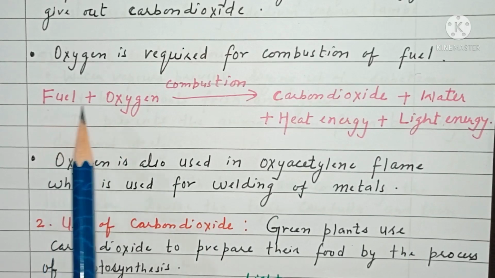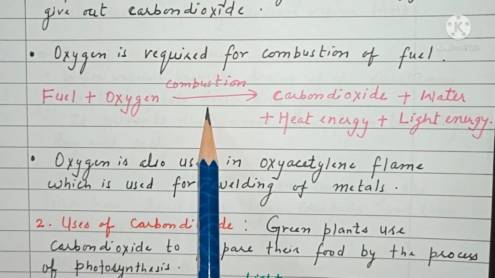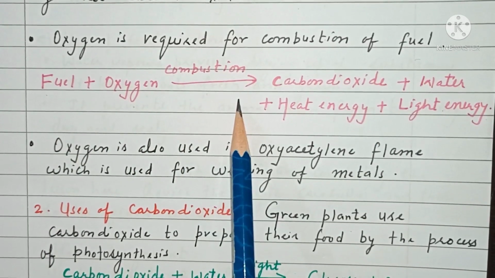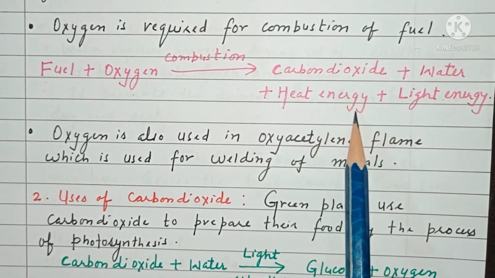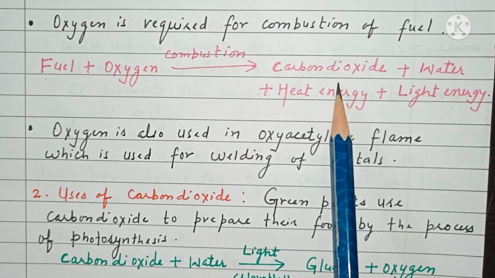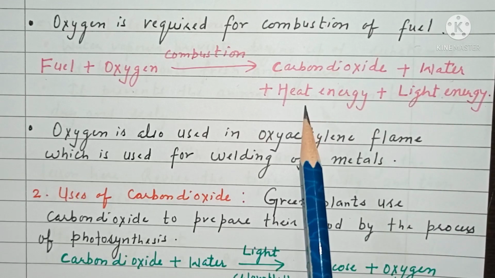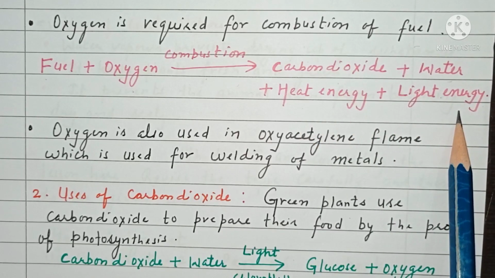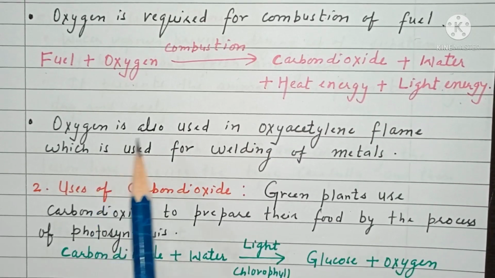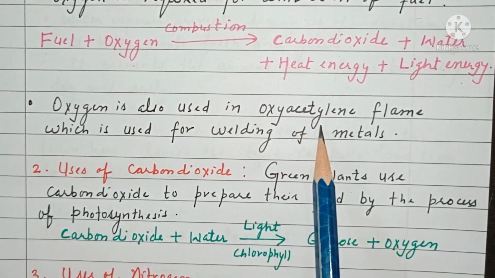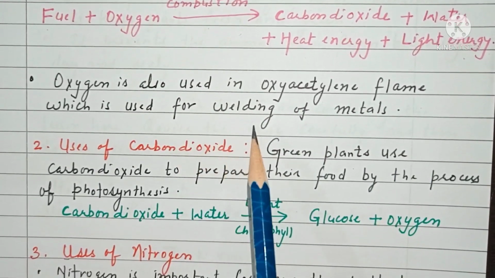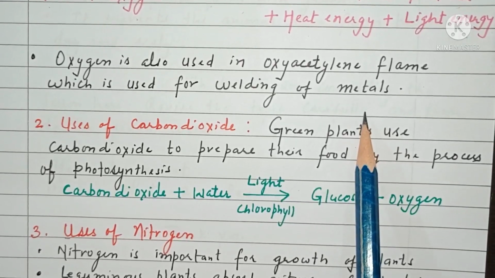So fuel plus oxygen, this is the combustion. And when this process takes place, what is evolved is carbon dioxide plus water plus heat energy plus light energy. And oxygen is also used in oxyacetylene flame, which is used for welding of metals.